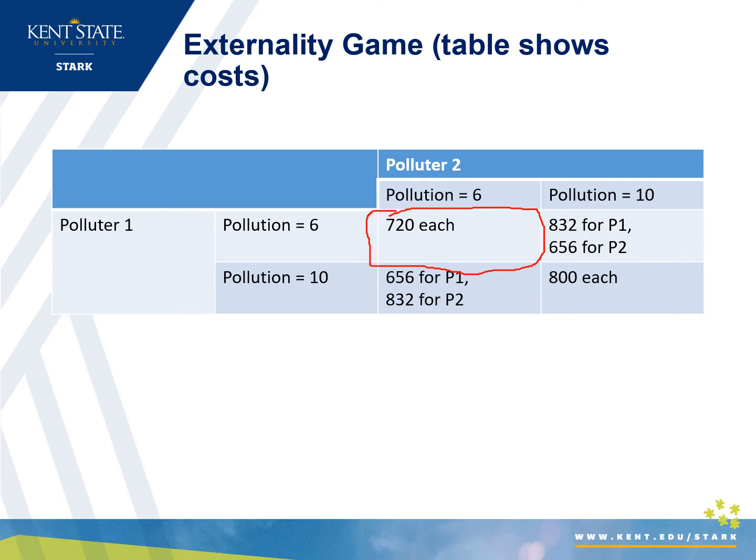Now, under cooperative game theory, the assumption is that this would in fact be enforceable. So the question then would be, would they be willing to enter into this agreement? And, well, they know otherwise what would happen. That is that they each end up with 800.